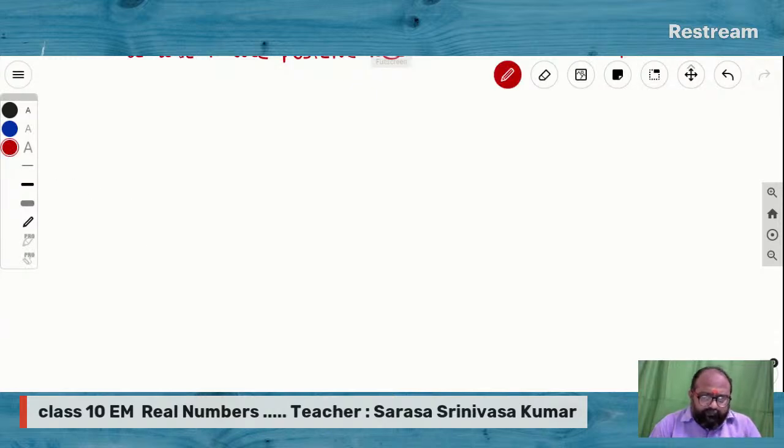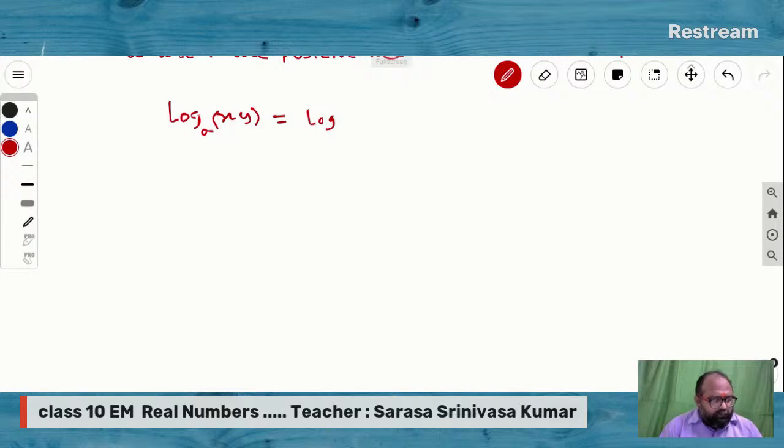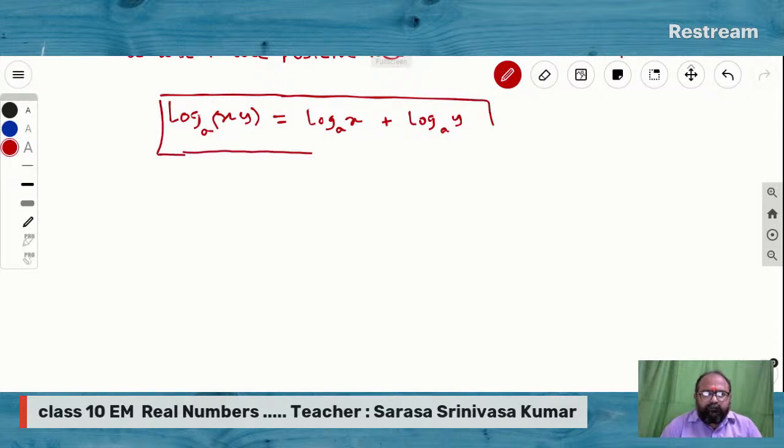The first formula is log of xy to the base a equal to log x to the base a plus log y to the base a. This is a very important result in logarithms.